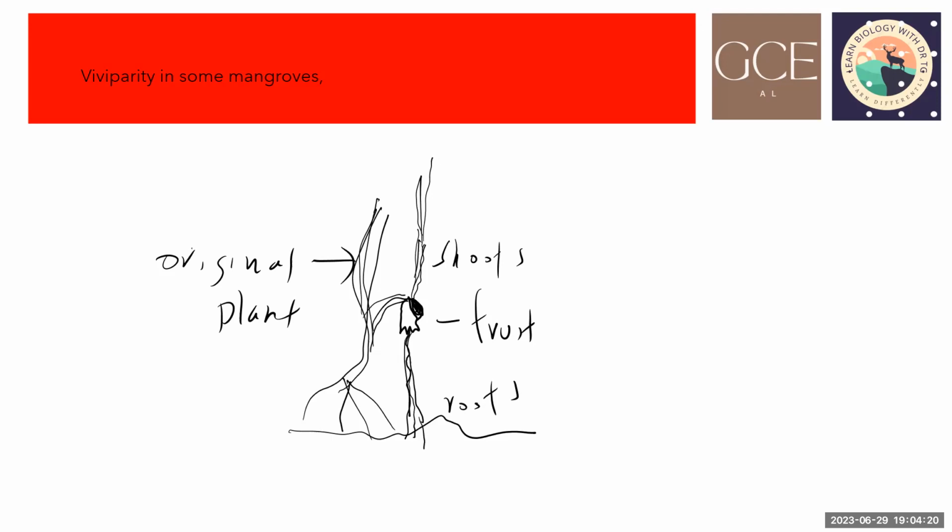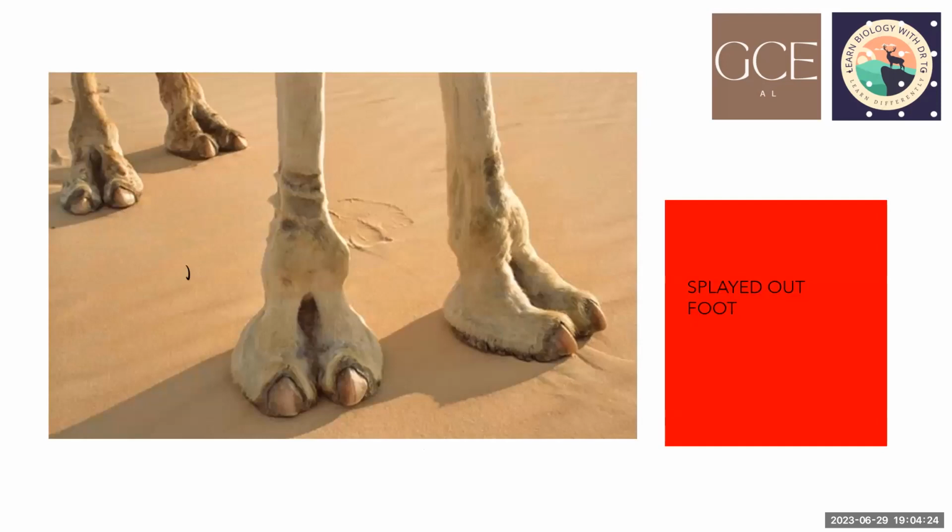And the third one is given: splayed out foot of the camel. Now, if the camel is trying to walk on sand, the sand is very tiny particles. So if we place an object here, it goes deeper into the sand because sand is so tiny and a leg-like thing can bury into the sand.